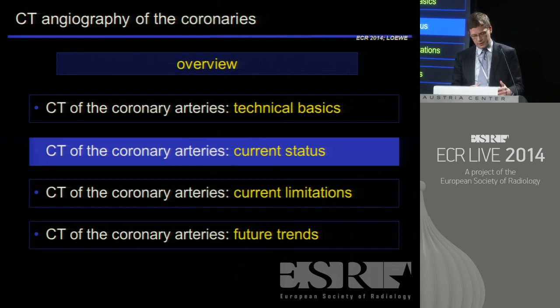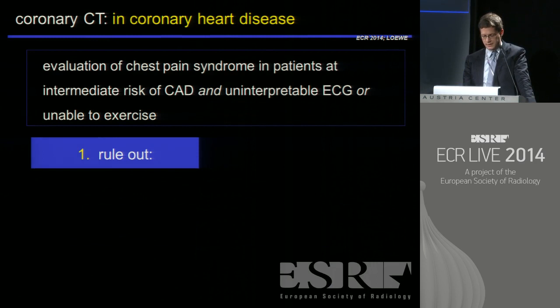Therefore, and even based on all the other technical improvements over the last couple of years, coronary CT becomes the method of choice in a couple of very important indications, and I will show you right now the most important clinical indications for using cardiac CT in patients with suspicion of coronary artery disease.